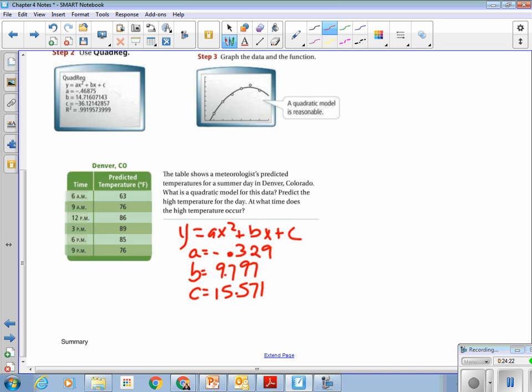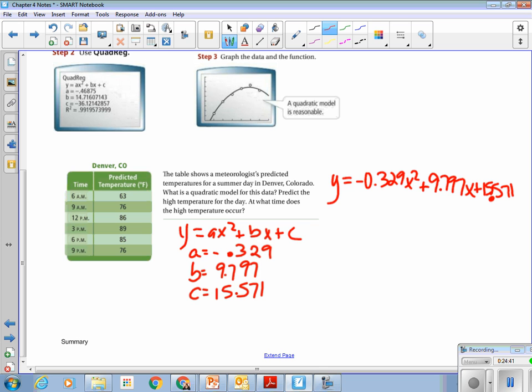So y equals negative 0.329x squared plus 9.797x plus 15.571.